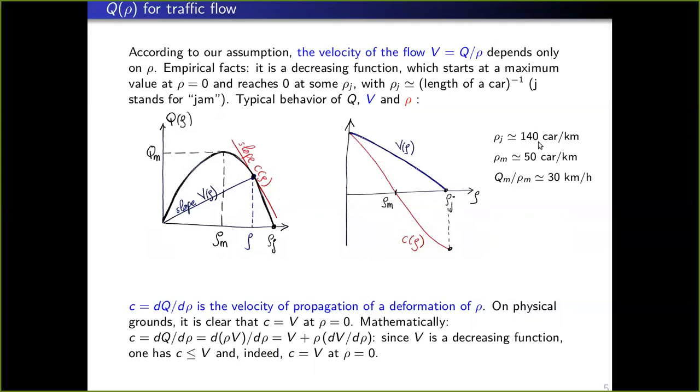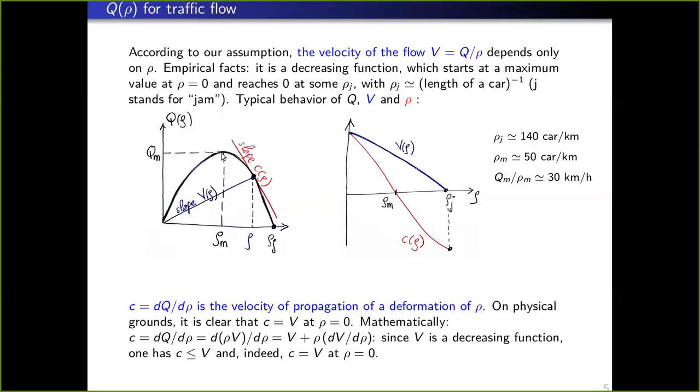This corresponds to a separation between two cars of 7 meters. So if the driver of the car in front of me is at a distance of 7 meters, I stop. This corresponds to a jam. Indeed, that's reasonable.